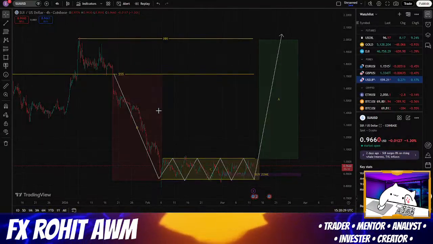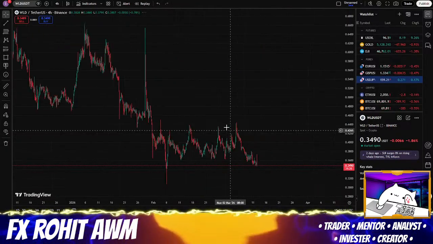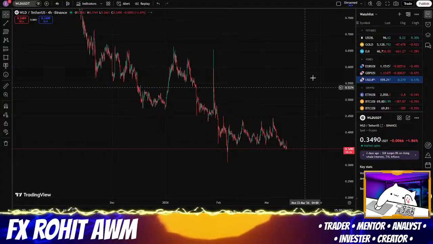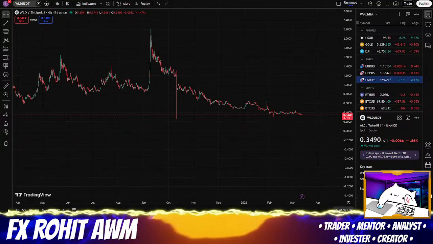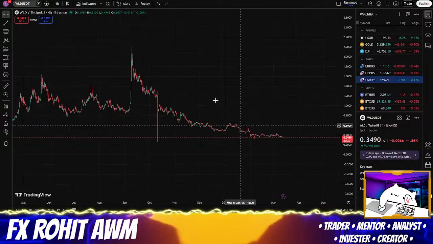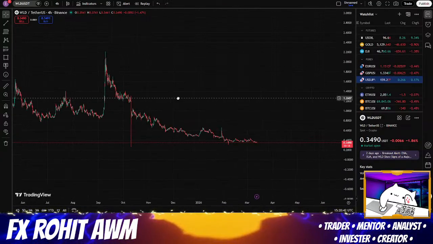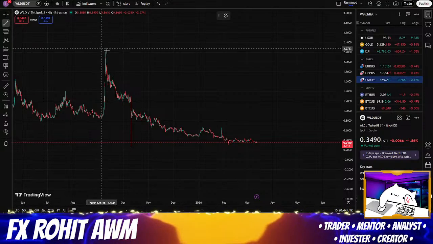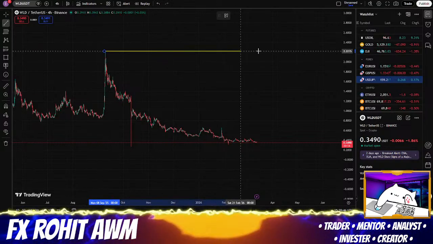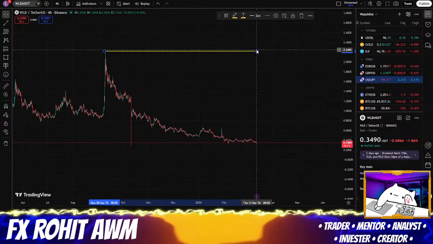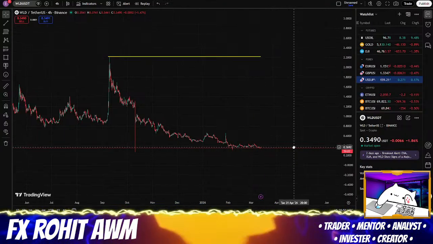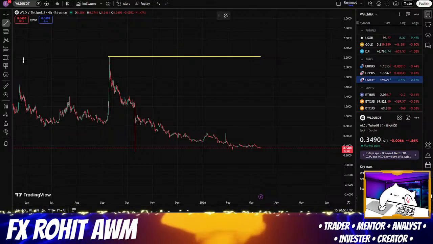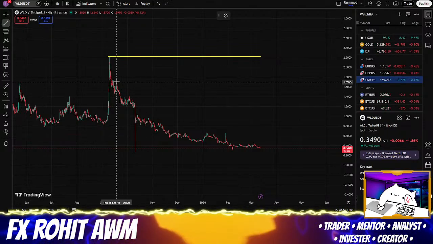Wild. Let's check the wild. Okay, so guys, we're in the 4 hour time frame. So first of all, we need to understand the market. This was $2 and this is now 34 cents. So price will have a very big drop.